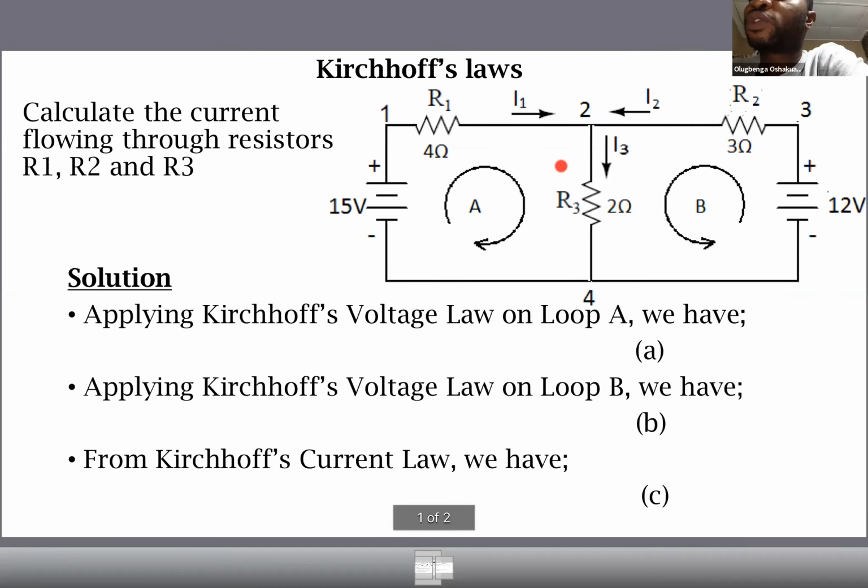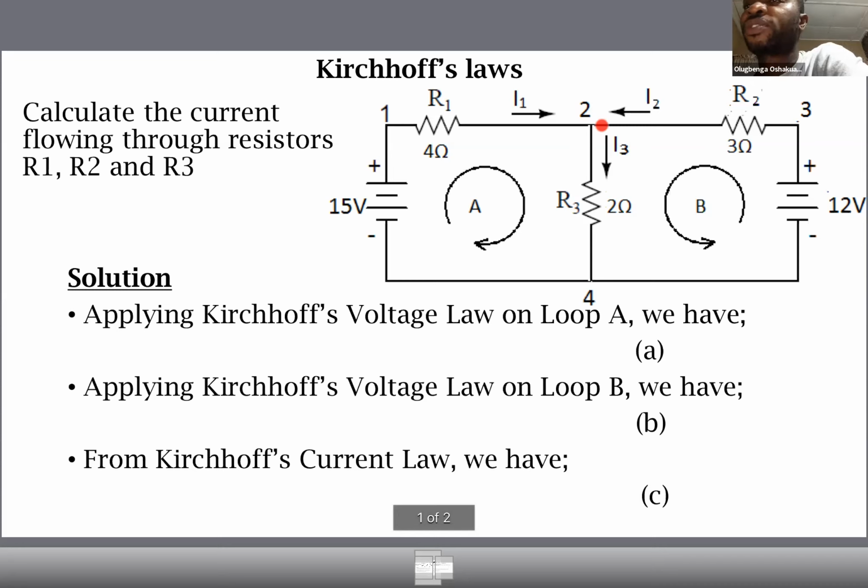So we've assumed that current I1 is flowing through resistor R1. That means current I1 will flow through this channel. We also assume that I2 is flowing in this direction, meaning that I2 will flow out of this battery through resistor R2 to this junction.